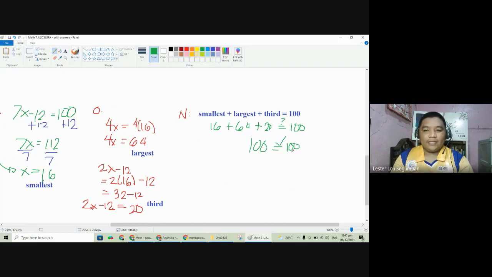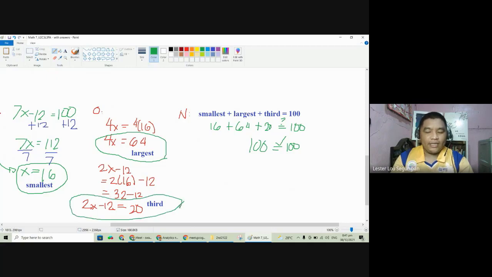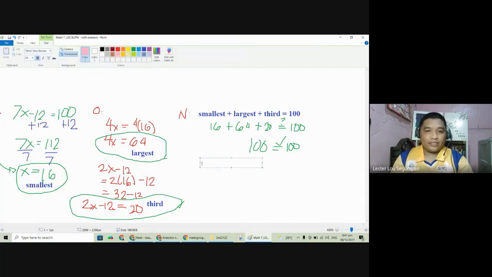So this is a proof that our answers here for the smallest being 16, the largest is 64, and the third number to be 20 are all correct. We could have our final statement here just to finish this step that the three numbers are 16, 64, and 20 in no particular order.